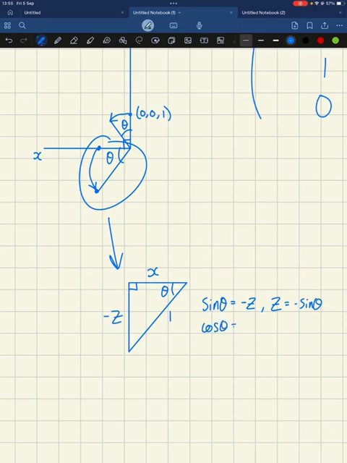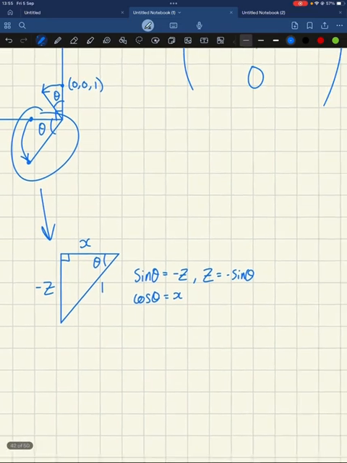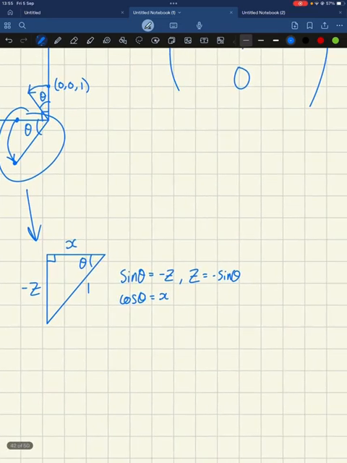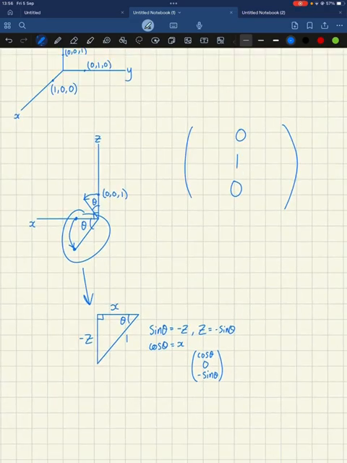Cos theta is x. Now writing this as an x, y, z vector, well, x we just said is cos theta, y we said is invariant, so y is still 0, and the z is minus sine theta. So this is our transformed i vector or x vector.